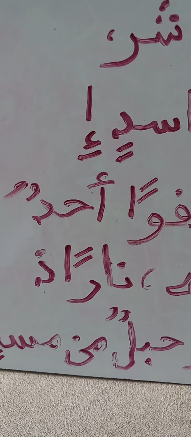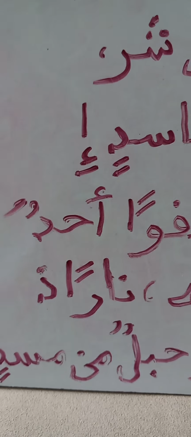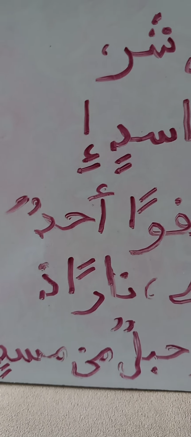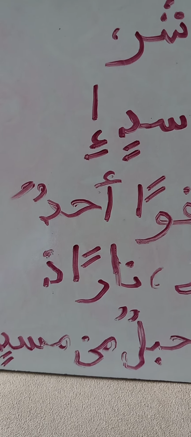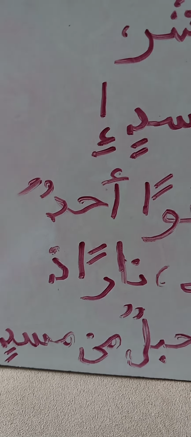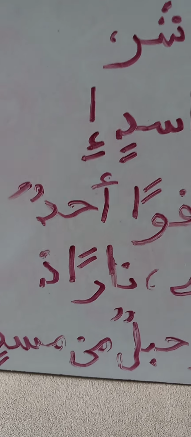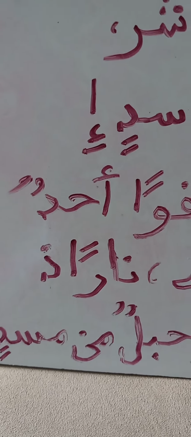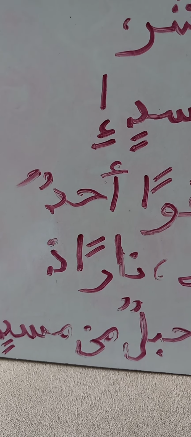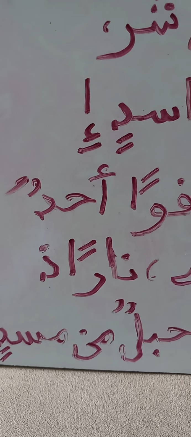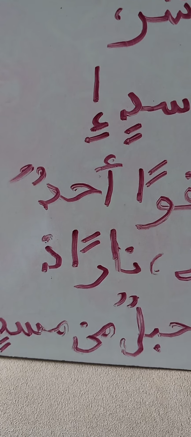So, naran dha. You have a tanween, you have to know what the rule of this tanween is going to be. How do you identify the rule of the tanween in this example? Naran dha. How do you identify it? It's a ra. Ra fathatani. Okay, yeah, but what is the rule of this fathatani is the question. Nasal. It's a light nasal. And why is it a light nasal?